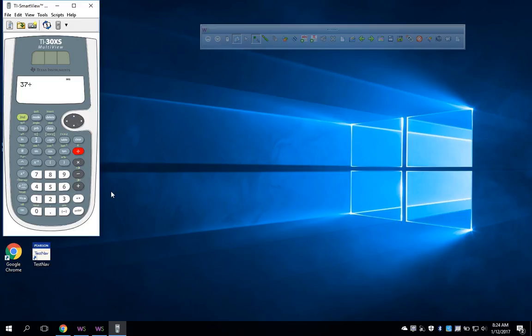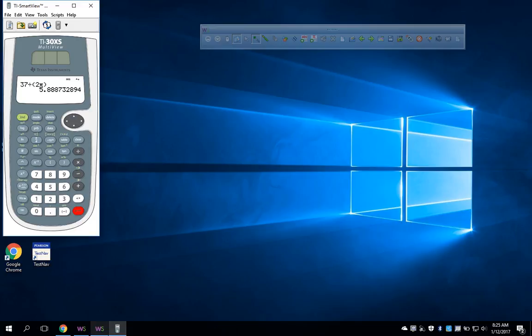Most of your calculators nowadays have a pi button, which goes to several decimal places. So rather than put in 3.14, use the pi button because it's much more accurate, right? Then 37 divided by 2 pi is about 5.8.